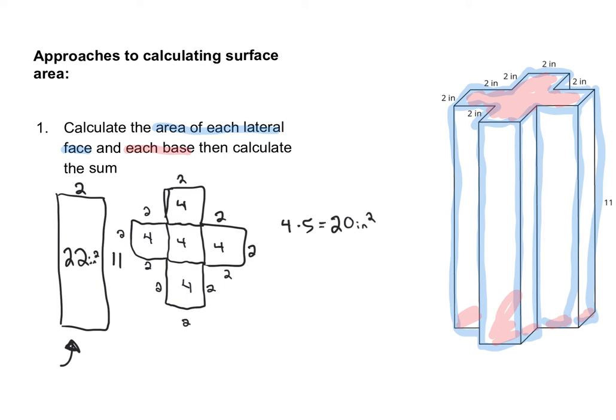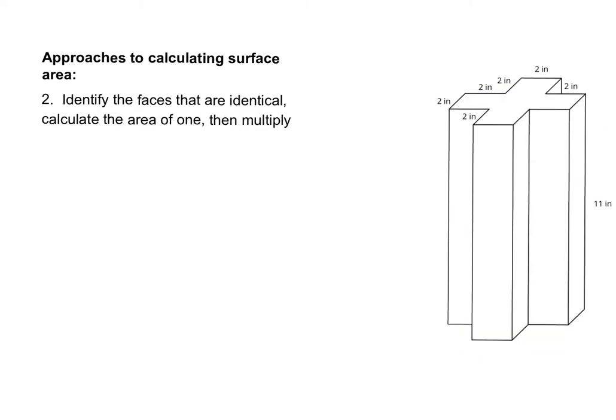Let's move on to our second approach, which would be great for this particular prism. Our second approach would be to identify the faces that are identical and calculate the area of one, then multiply. Let me redraw those faces. First, we'll identify we have 12 identical lateral faces, and then we're going to have 2 bases.